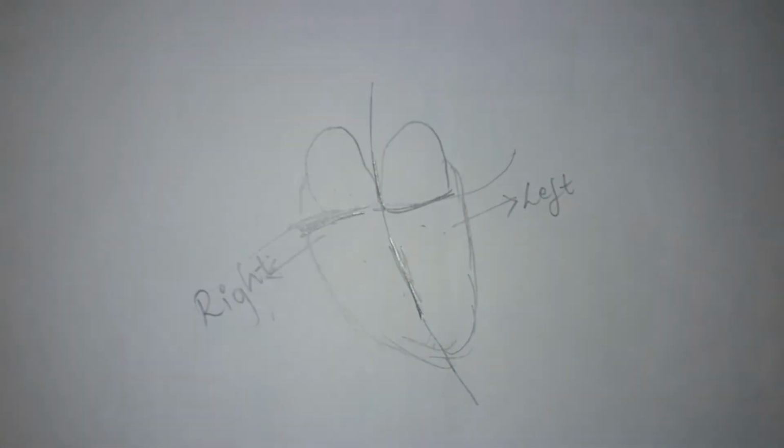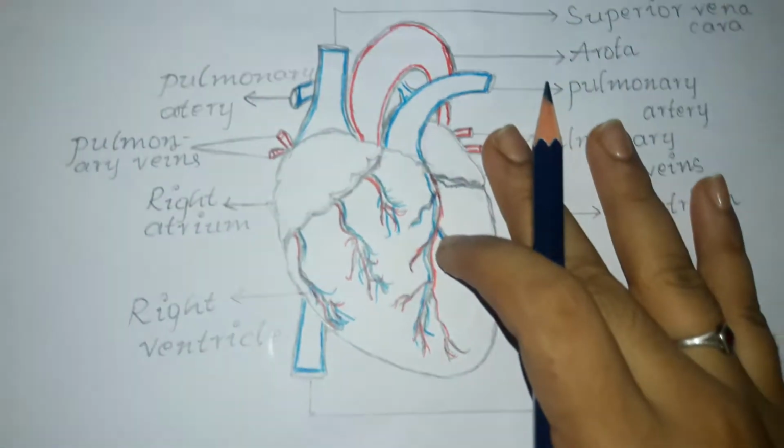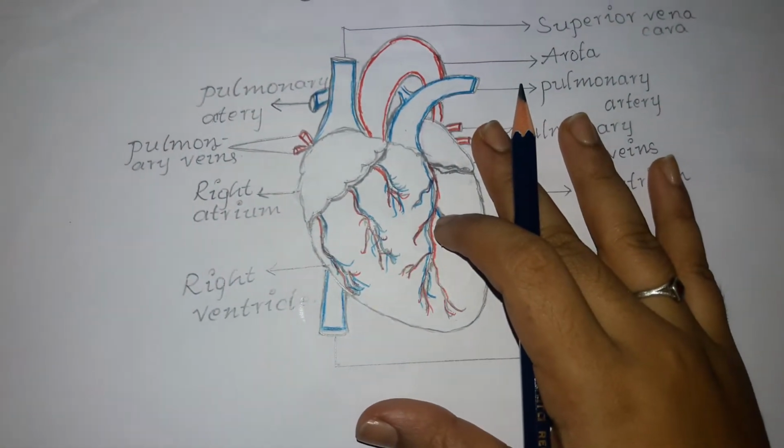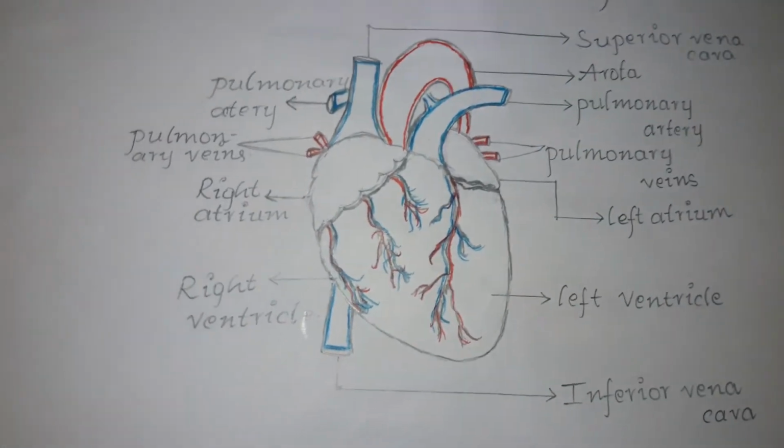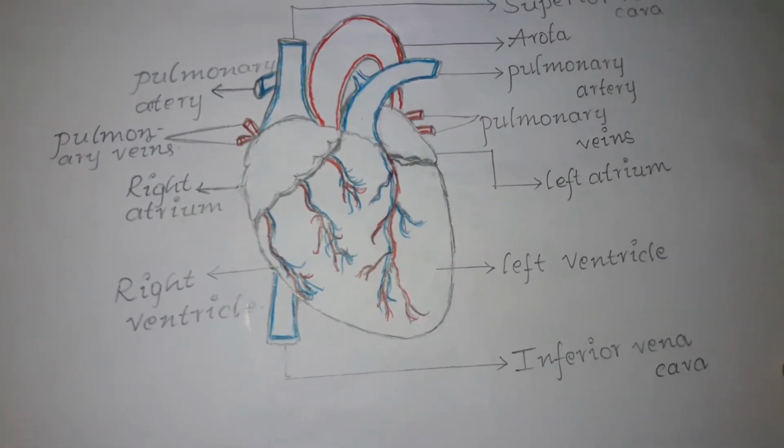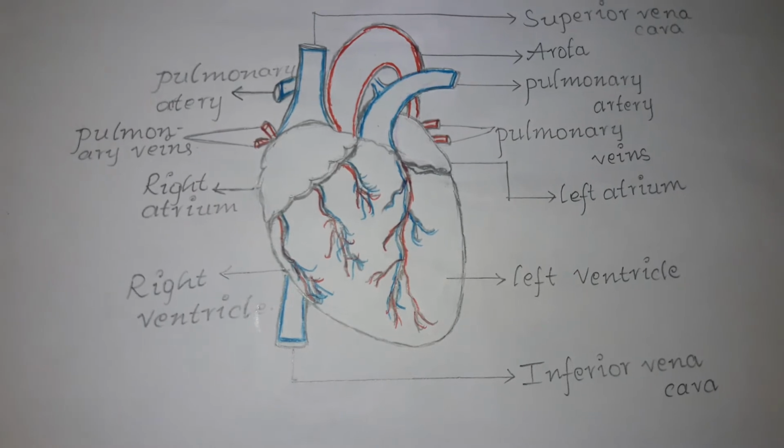This is about septas. Here in heart there are 2 types of blood vessels from body parts. Maybe you know, no problem, I'm saying artery and vein.